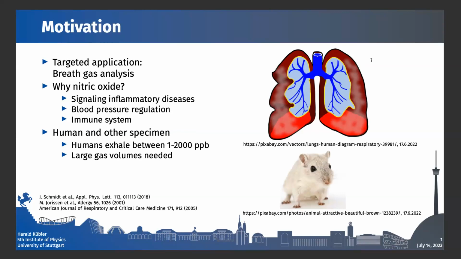So far, with all the methods used in medicine, you need a pretty large gas volume to be sensitive enough. But with medical research, it's pretty hard to get half a liter of air from these patients. It's pretty hard. And that's where the new idea of the sensor comes in.